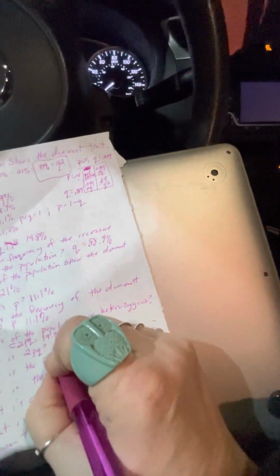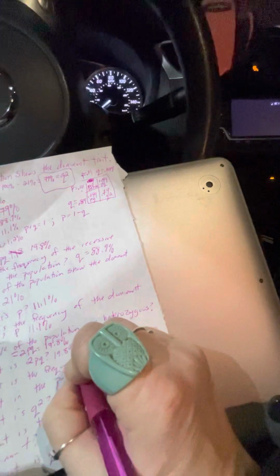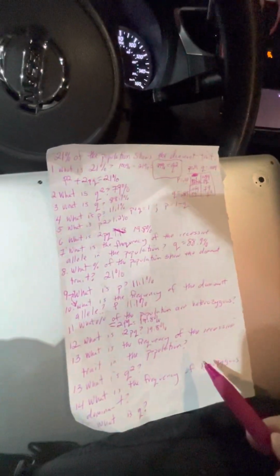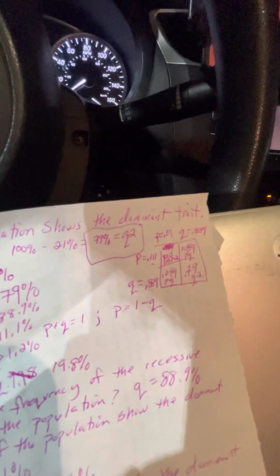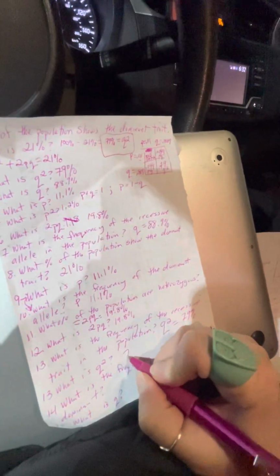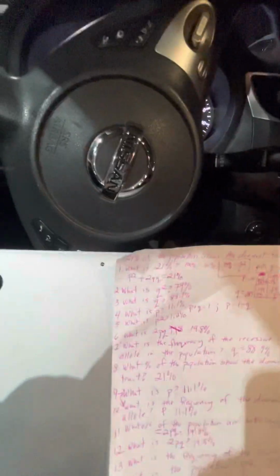And again, 19.8%. What is the frequency of the recessive trait in the population? That is Q squared, and that is 79%. What is the frequency of the homozygous dominant trait?